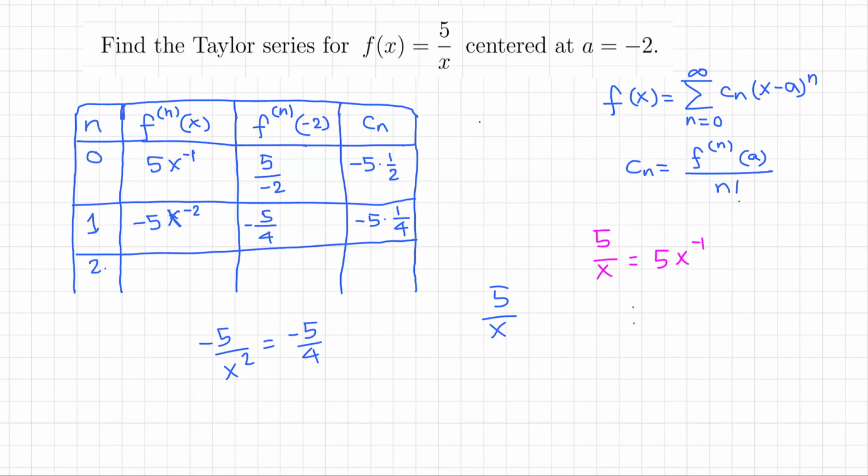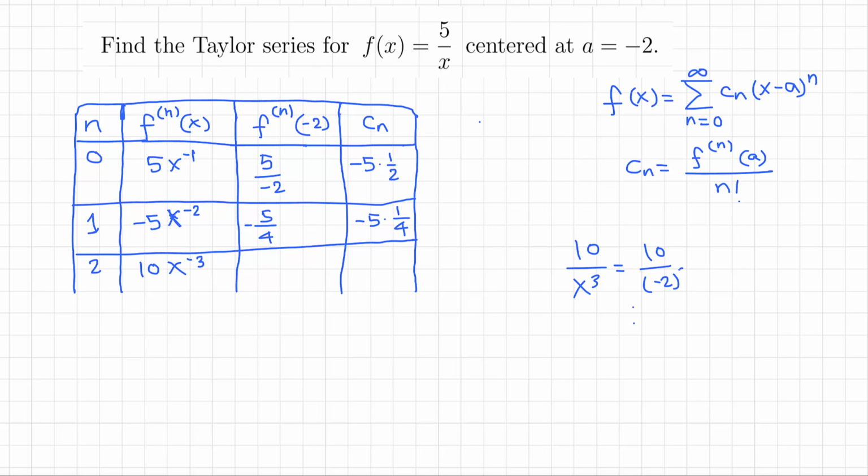Let's do n = 2. After we find a couple, maybe 4, we might be able to see the pattern. Now let's find the derivative here. -2 times -5 is +10, x to the n minus 1, so -3. Now we evaluate at -2: 10 over x cubed, 10 over (-2) cubed, which is 10 over -8, so -10 over 8.